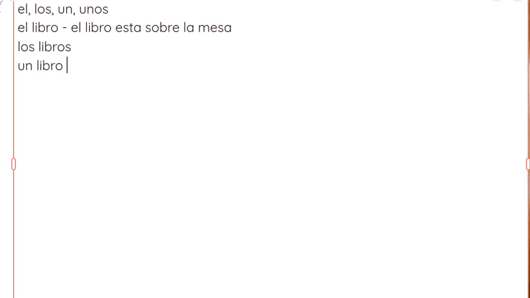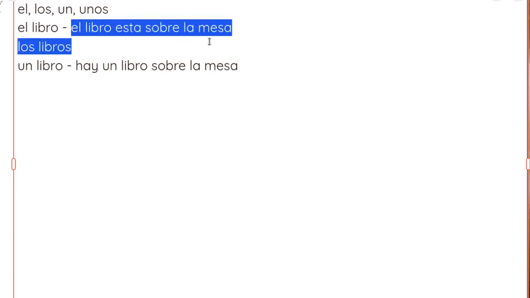This one, hay un libro sobre la mesa. Okay. El libro está sobre la mesa.